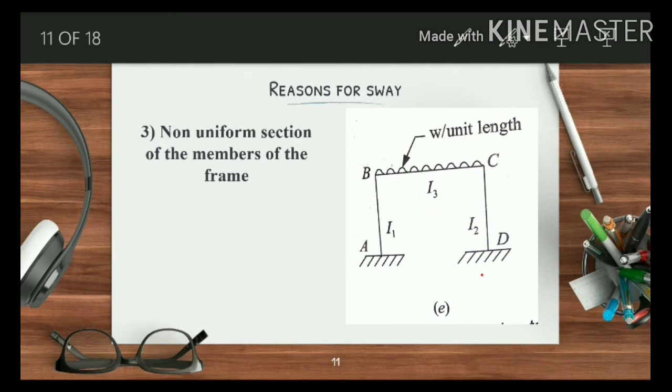Only compare the moments of inertia of AB and CD. AB and CD will have side sway movement, but BC does not, since axial deformation is neglected. Hence BC does not have any sway, only the columns AB and CD. So check whether the moment of inertia of AB and CD is the same or not.